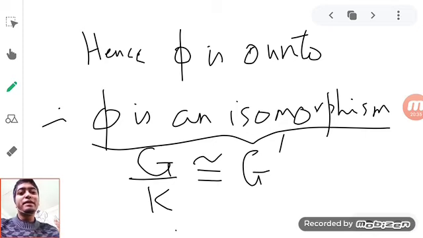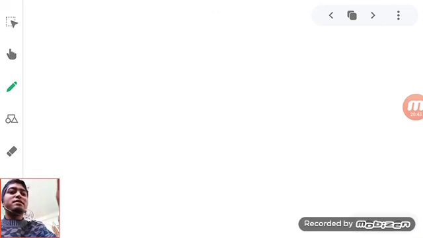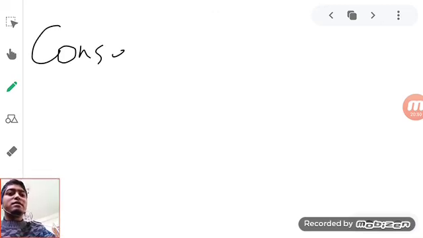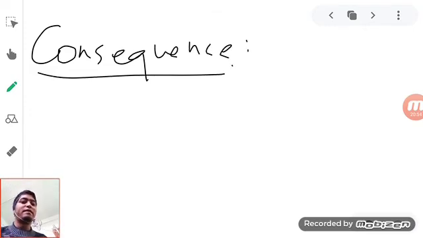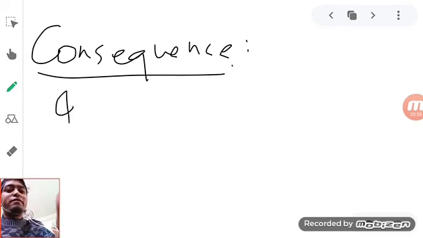So why are we doing this theorem? Actually, this theorem is very helpful later on when we have to prove that two groups are isomorphic to each other, especially when dealing with quotient groups. So this is the consequence of that fundamental theorem of homomorphism.